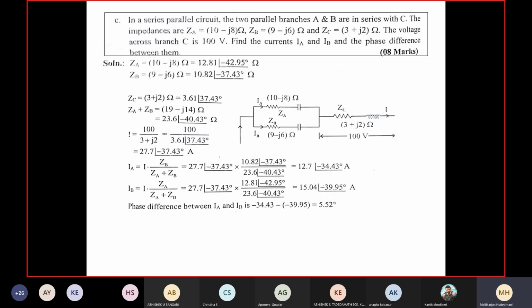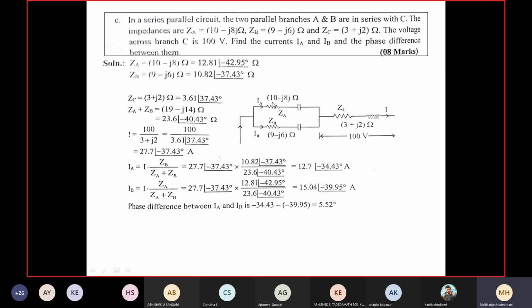Then they have mentioned something different. They have not given you the total voltage across the circuit. They have given you the voltage across branch C, which is 100. Find the currents in branches IA and IB and the phase difference.